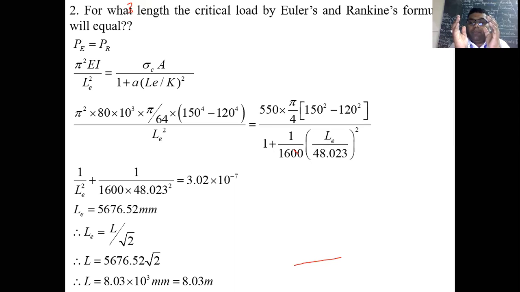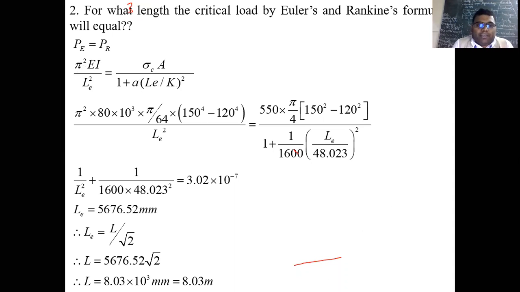He is asking for equality, so first we will equate them, and the length we get is what the question is asking. So P is equal to PR, and put the respective formulas: pi square E I upon LE square, and here also sigma C A like this. Now just put the values on both sides.